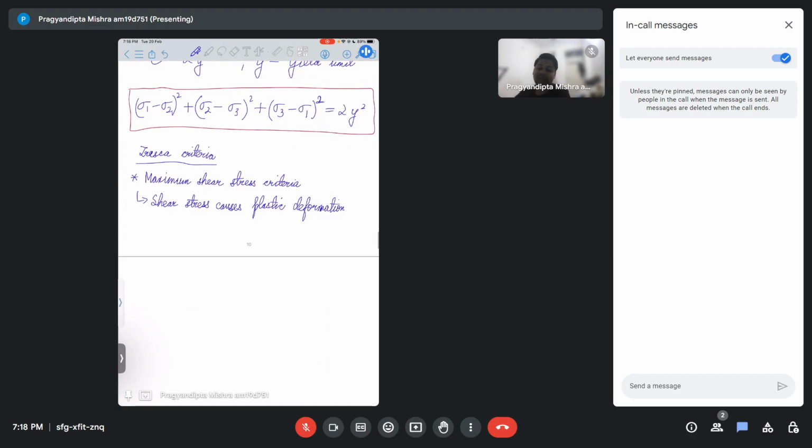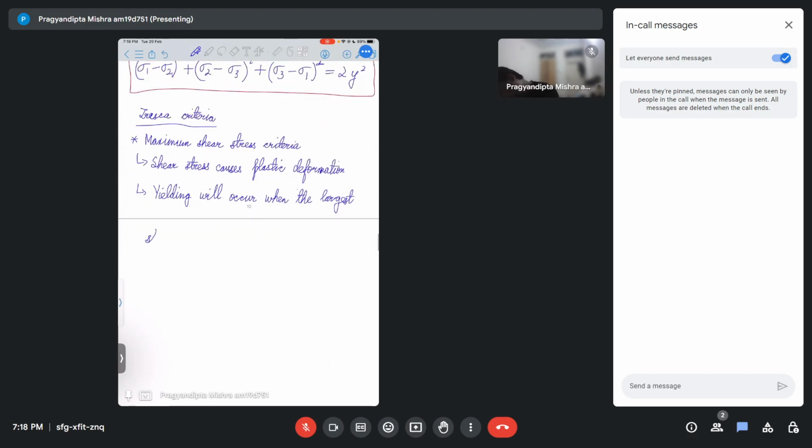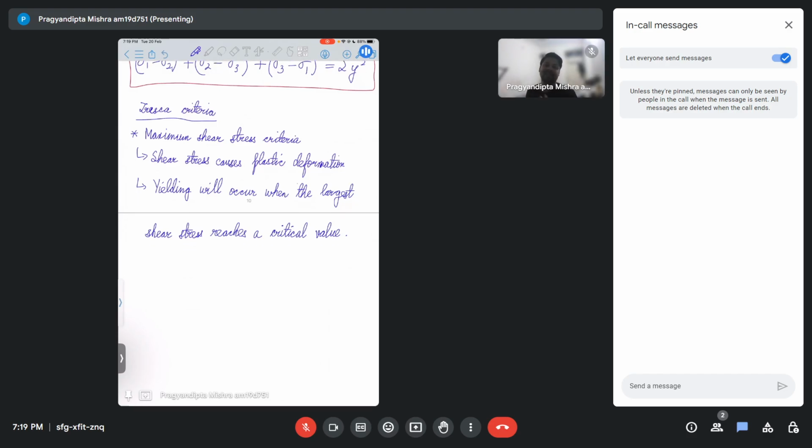Yielding will occur when the largest shear stress reaches a critical value. Instead of taking into account hydrostatic stress, deviatoric stress, etc., it just skips over all that.